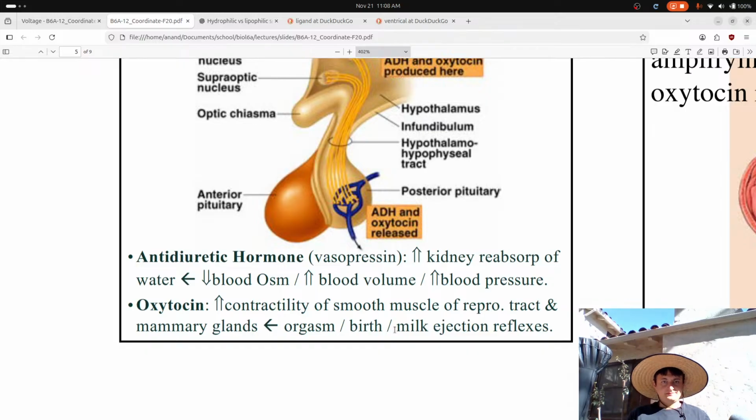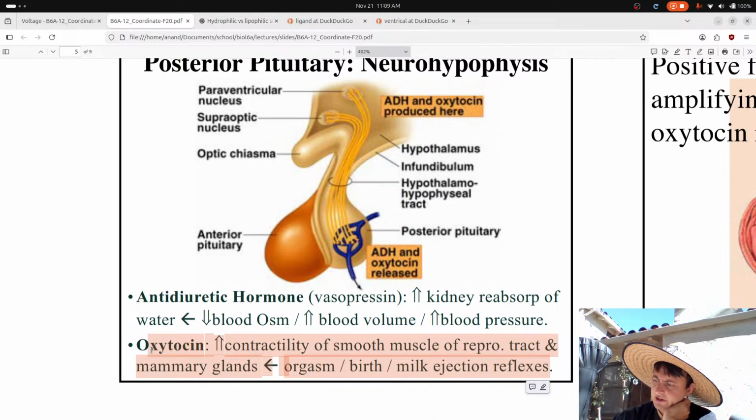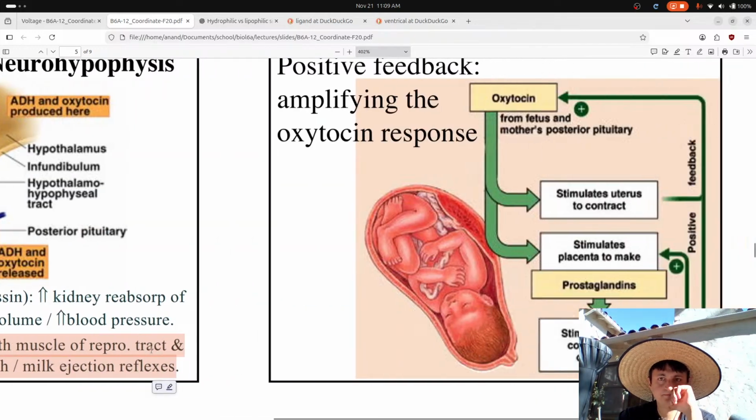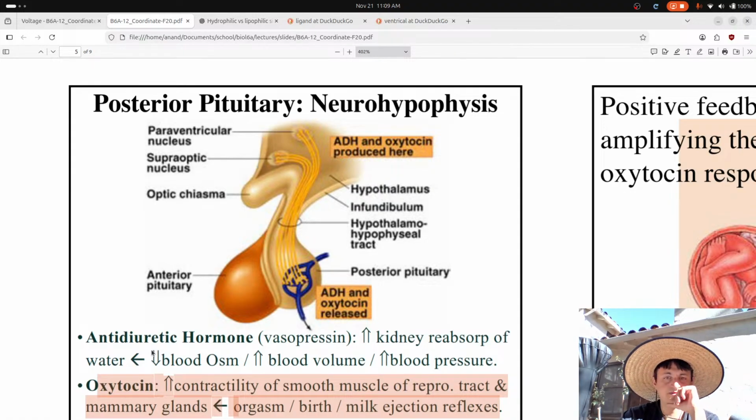Oxytocin. Okay, I was just going to write that the pituitary produces ADH and oxytocin. This is specifically in the posterior, I guess.